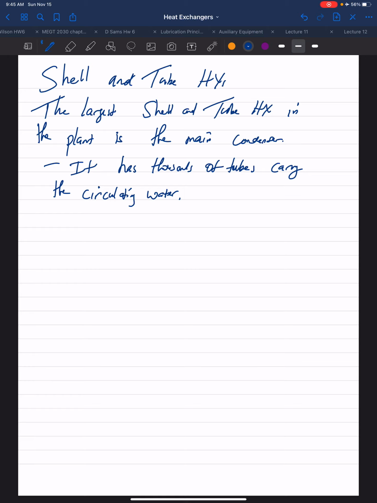So the way the fluids flow through the heat exchangers, there's different types of ways. So we have single pass heat exchangers.